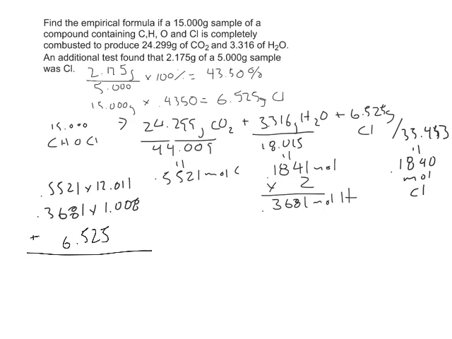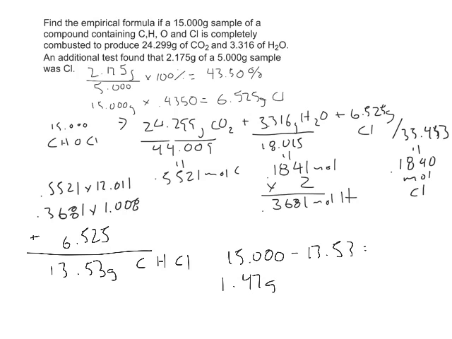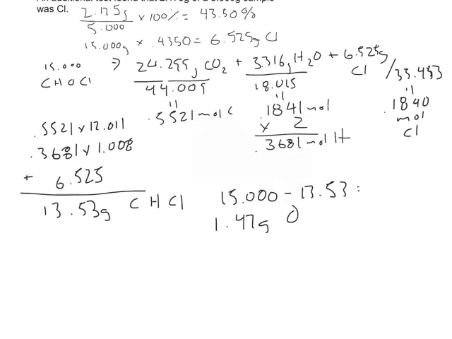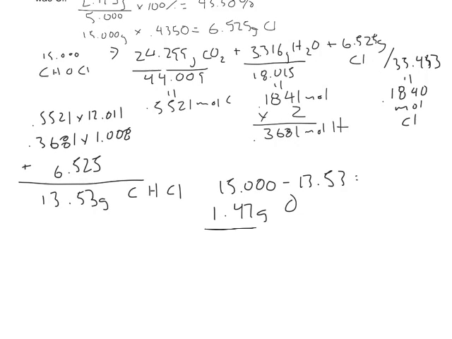And so all of that adds together to make 13.53 grams carbon, hydrogen, and chlorine. And so 15 minus 13.53 gets me 1.47 gram oxygen, which is 0.092 moles of oxygen.